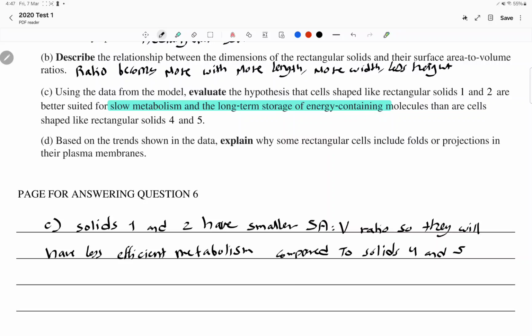So, Mister, if they have smaller surface area, it's going to be less efficient. Exactly correct. And what if they have more surface area? That's better. Yep, the opposite.